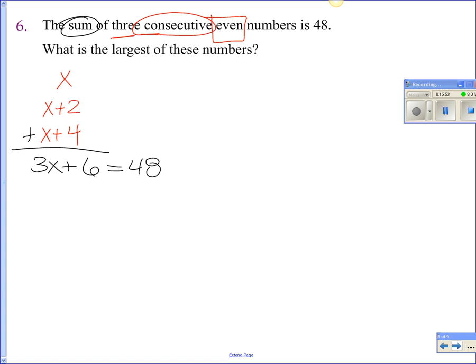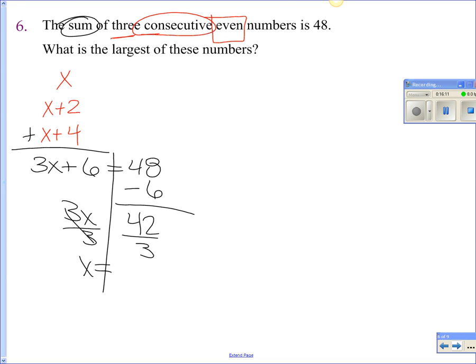Neve, help me solve this. How'd you get 42? Subtracting it, okay. All right, so 3 into 42. Andrew, help me with this. 3 into 42.